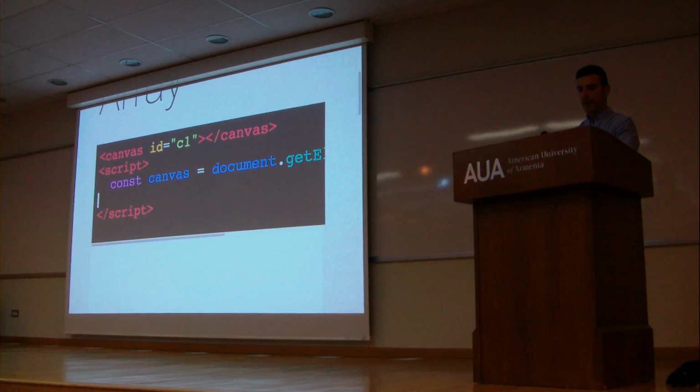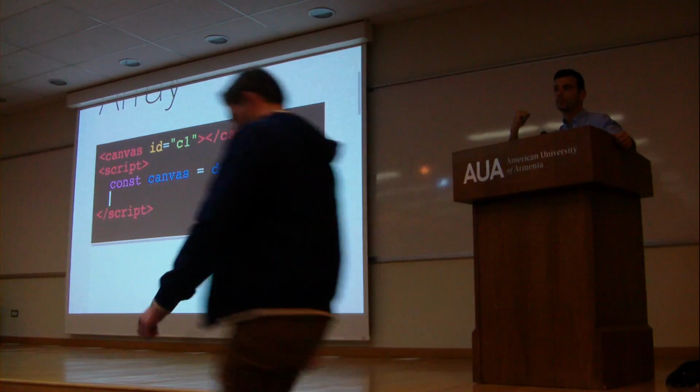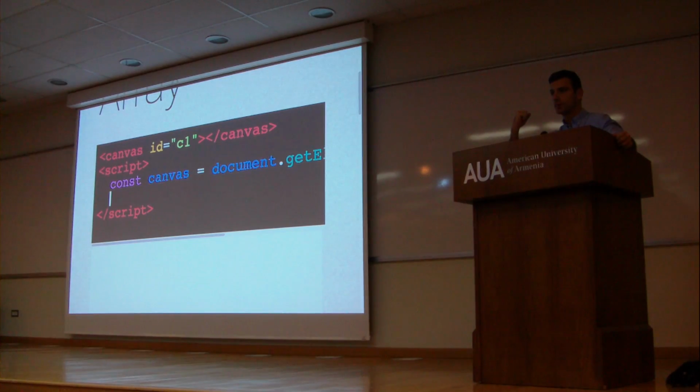Now from this canvas, I want to draw things on this canvas, right? So what do I need? I need tools, I need a paintbrush, right? I need things to be able to draw on this piece of paper. But specifically, I want to be able to draw two-dimensional things. So to do this, what do I need? getContext.